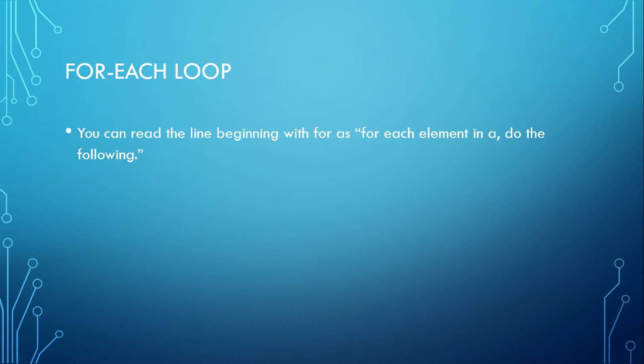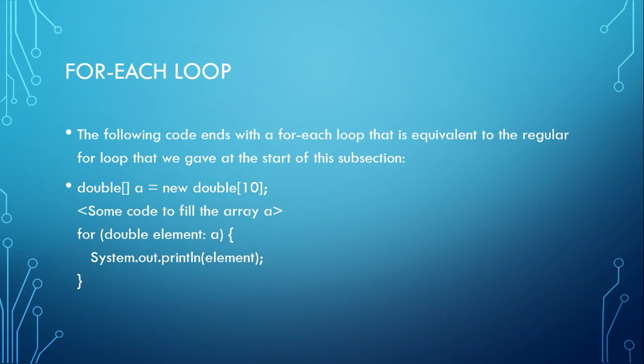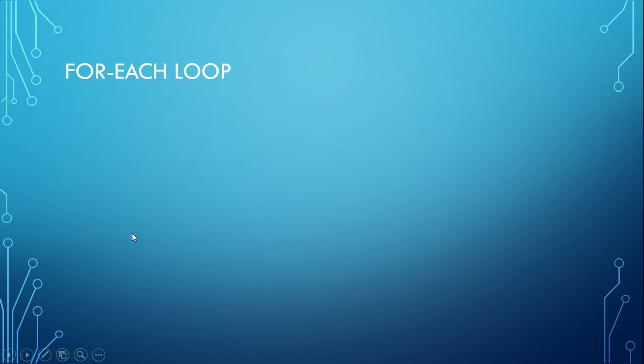Now you can read the line beginning with for as for each element in A, do the following. You'll note that the variable element has the same type as the elements in the array. So both are of type double. If we look back, the array was a double array, and the element was a double type as well. So it's very important that those match.